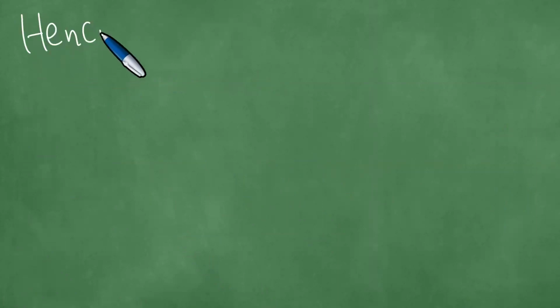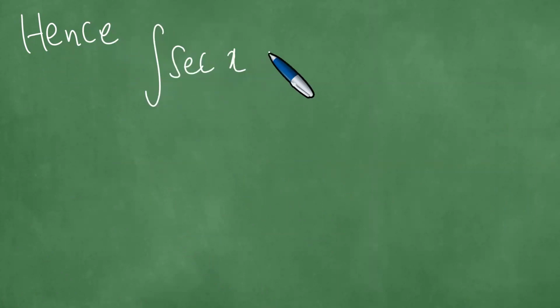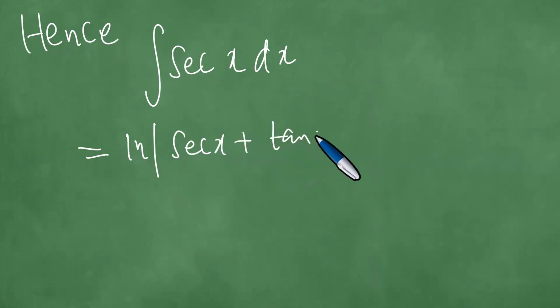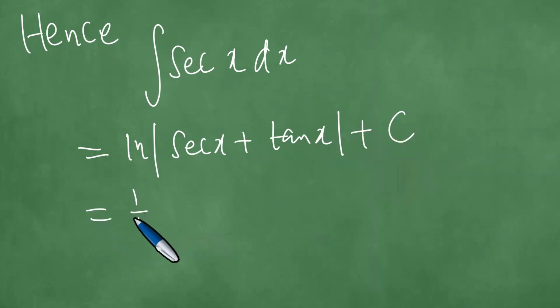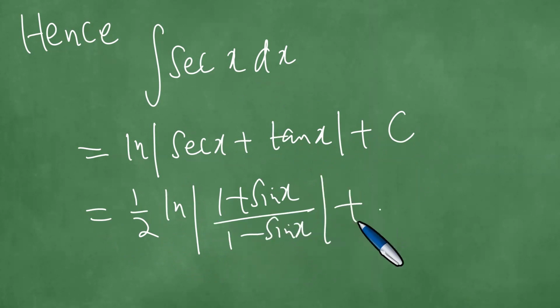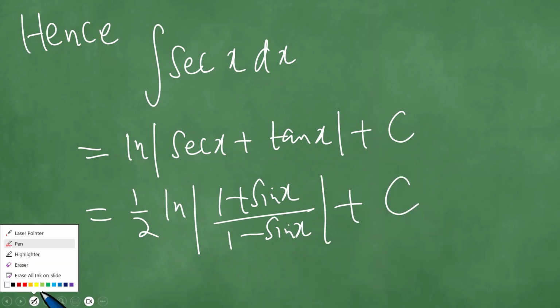Hence, whenever one has the integral of the secant of x with respect to x, we have already seen that it is the natural log of the secant of x plus the tangent of x plus c, but also this integral of the secant of x is the natural log of 1 plus the sine of x divided by 1 minus the sine of x plus the arbitrary constant of integration c.